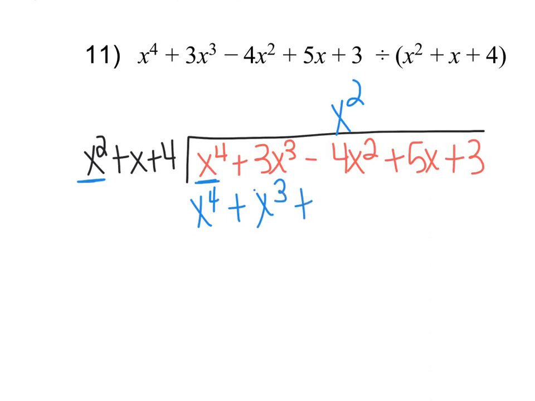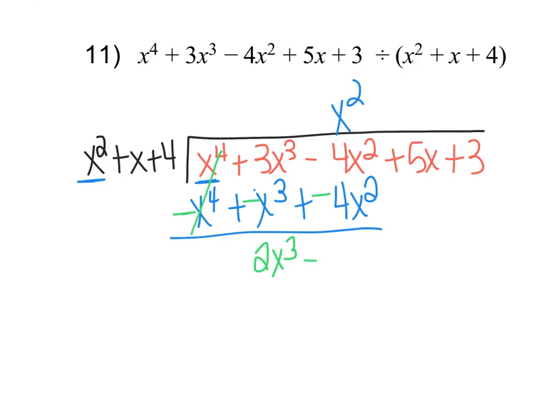And x squared times 4 is 4x squared. Now what I need to remember to do is I am subtracting, so I need to change the sign of everything before I combine. My x to the fourths cancel. 3x to the third minus 1x to the third is 2x to the third. Negative 4x squared minus 4x squared is negative 8x squared. And then I need to bring down my next term, which is 5x.